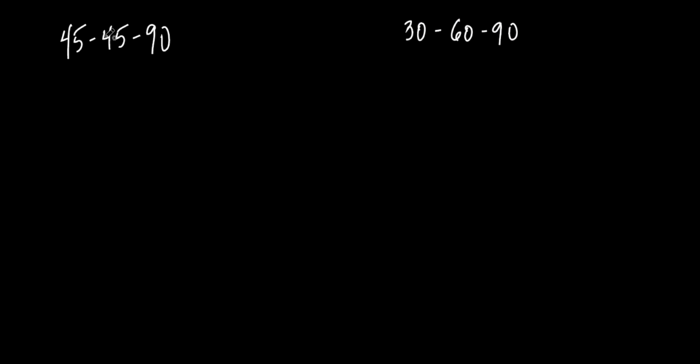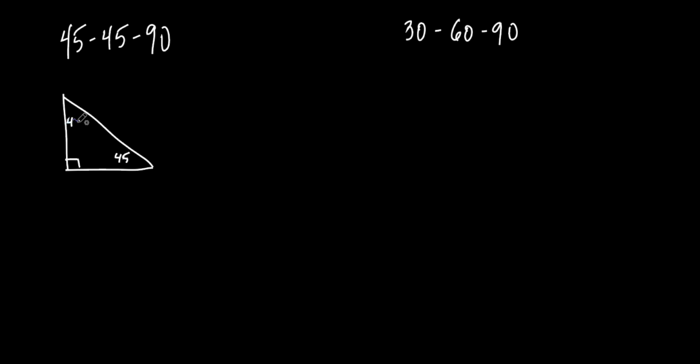Or some people might just say 45, 45 right triangle or 30, 60 right triangle. I just like to put the 90 in there. Okay? Now, let's kind of draw one. I'll just do it by hand here without the fancy lines. Save me some time. Maybe I should use the lines. Yeah, there we go. All right. If this is 45, 45, 90, there's my 90, so this angle is what?